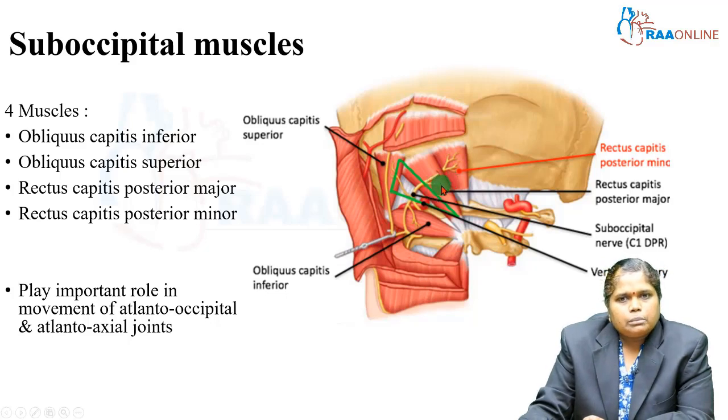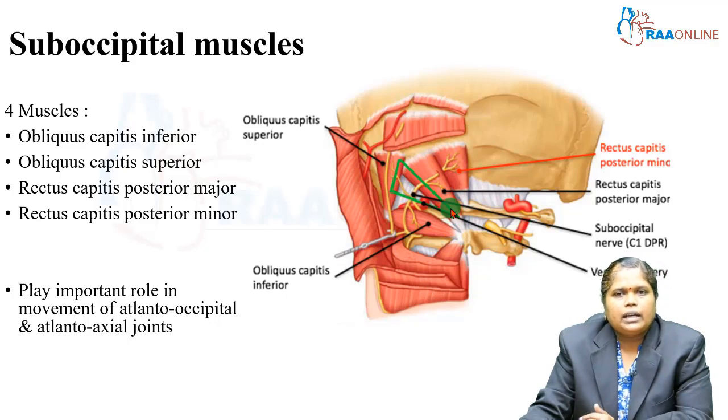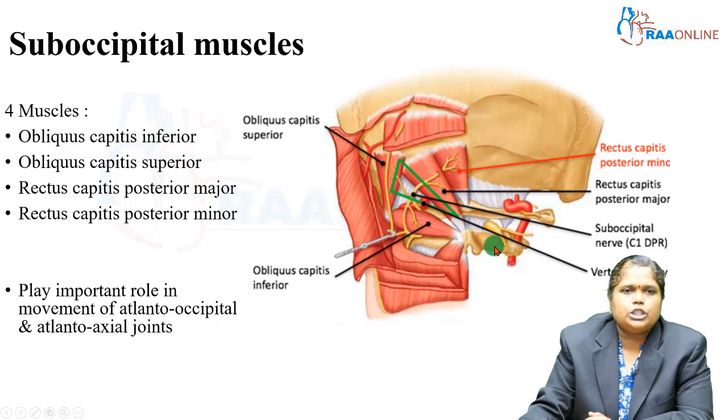These suboccipital muscles mainly play a role in the movement of the atlanto-occipital joint and atlanto-axial joint. We have two important joints between the skull and the cervical vertebrae. Between the occipital bone and the atlas, the first cervical vertebra, we have the atlanto-occipital joint. And between the first and second cervical vertebrae, that is between the atlas and axis, we have the atlanto-axial joints.